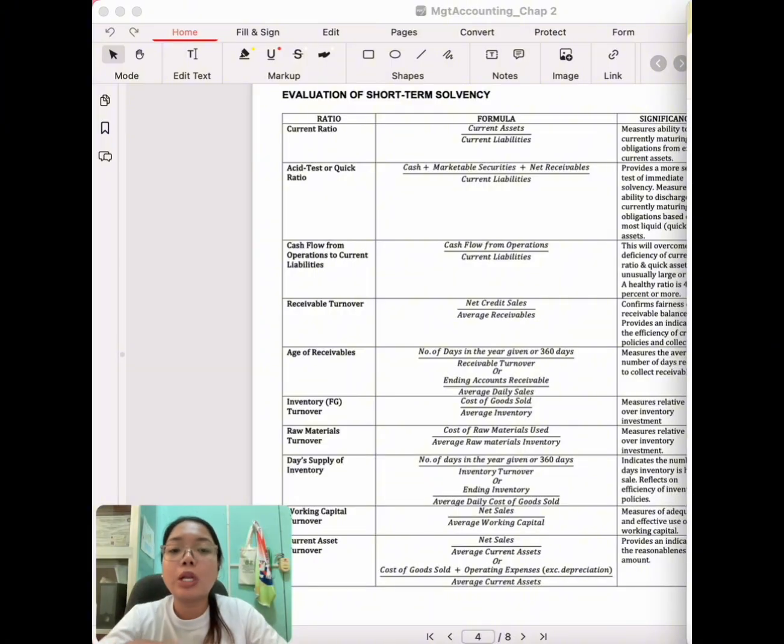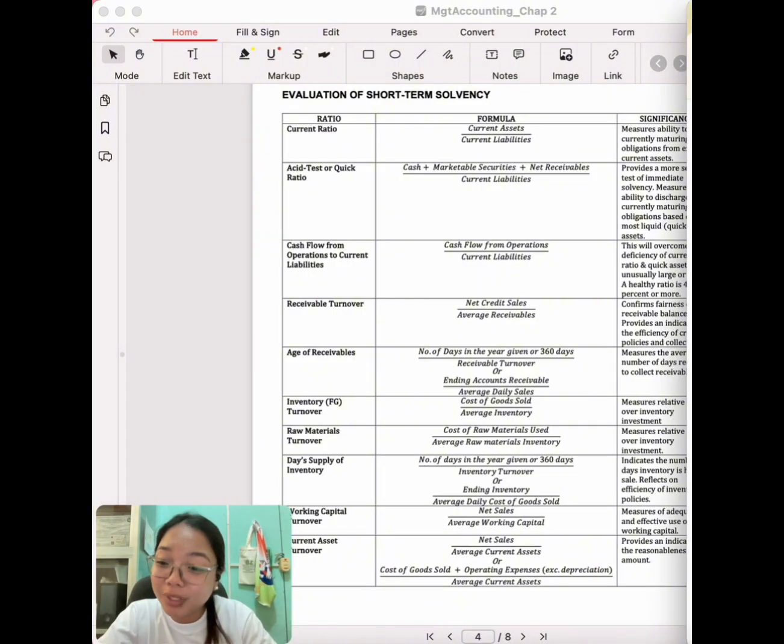So for example, if yung inventory turnover ay 5 times, it means yung average inventory investment is turned over approximately 5 times during that period. Pero again, the interpretation depends on the business.